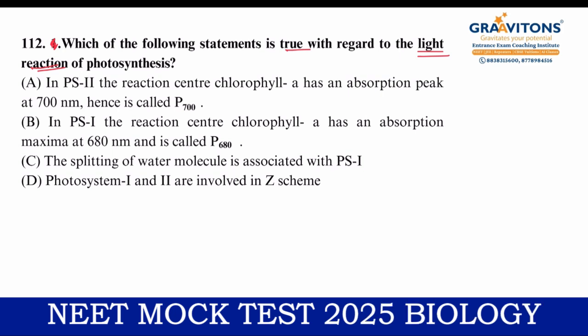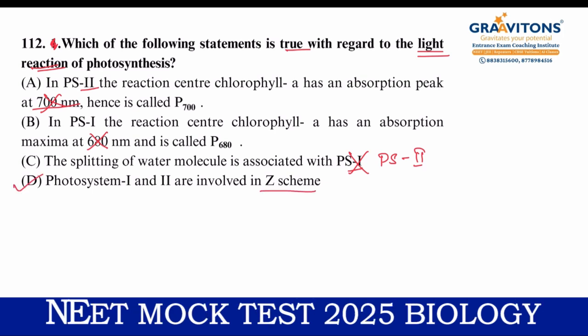First statement: in PS2, the reaction center chlorophyll A has an absorption peak at 700 nanometer. No, it is wrong. And second one, in PS1, it is given 680 nanometer. This is also wrong; they have given it vice versa. And next one, the splitting of water molecule is associated with PS1. No, it is wrong. It is associated with PS2.